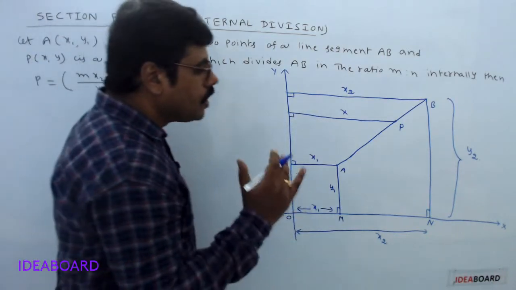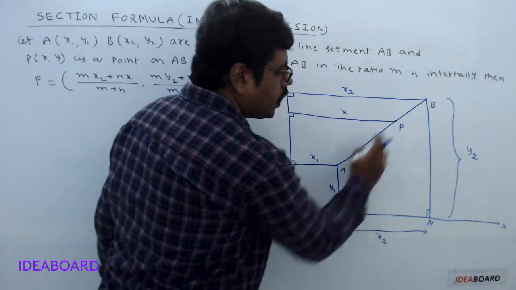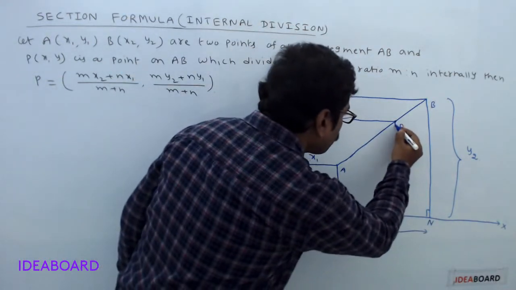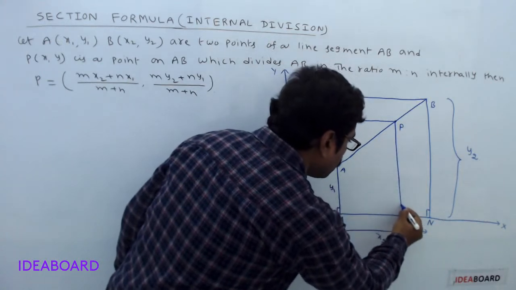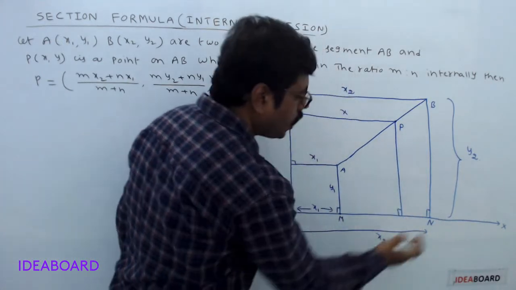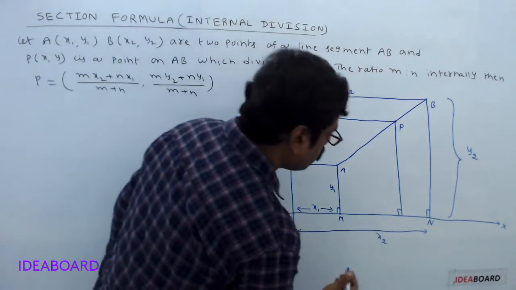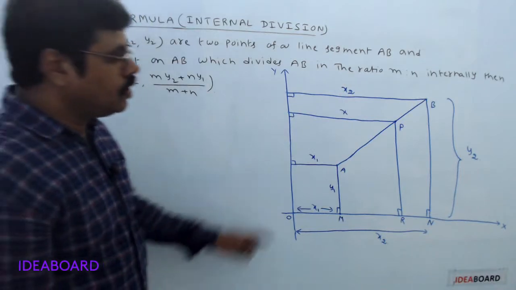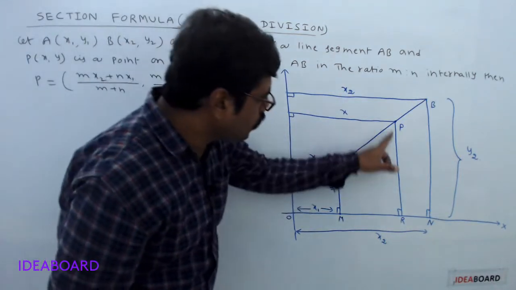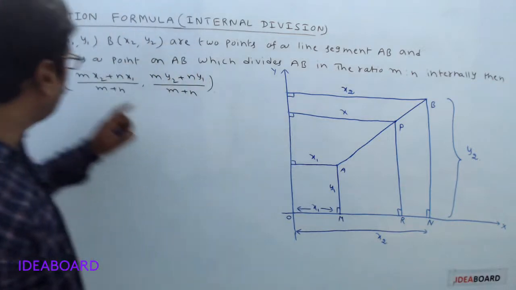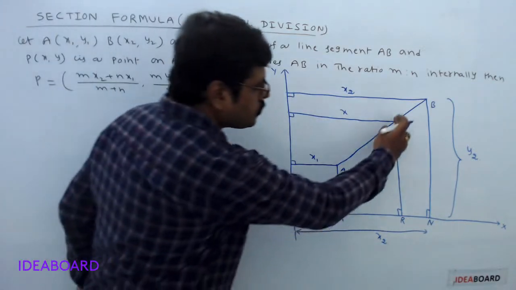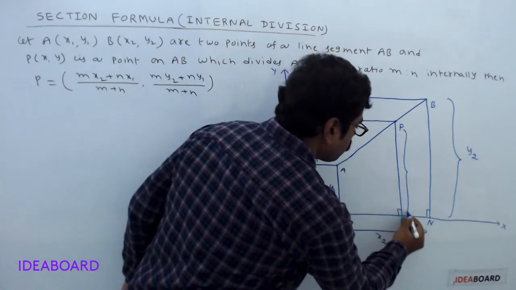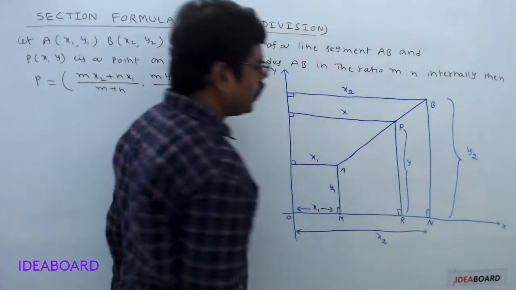Now once again, draw a perpendicular from the point P onto the x-axis. Denote this point as R. From the definition of y coordinate, this length PR can be taken as y.